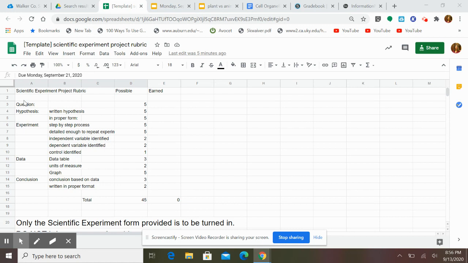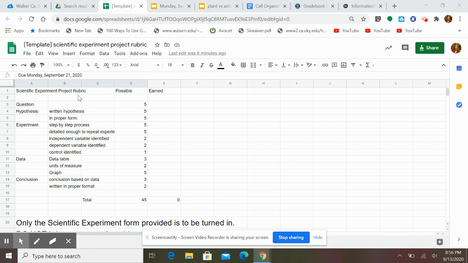For this particular project, that data must be quantitative data, which means you are taking measurements or counting something, or you are recording the time that it takes for something to happen. All of those things require you to record quantitative data.